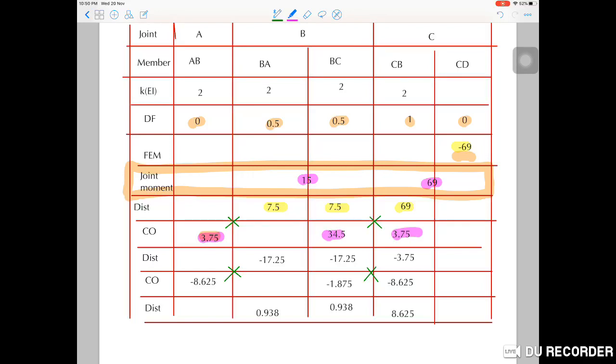And then we continue the distribution process. This is member end moment, so when we continue, we need to change back the sign to show the opposite condition. So total moment is 0 plus 34.5, it is negative 34.5, times 0.5, it is negative 17.25.